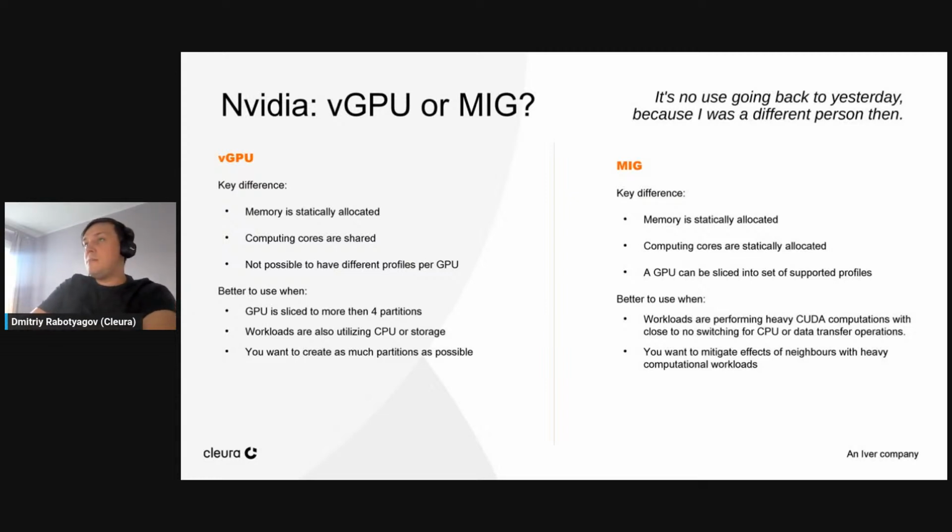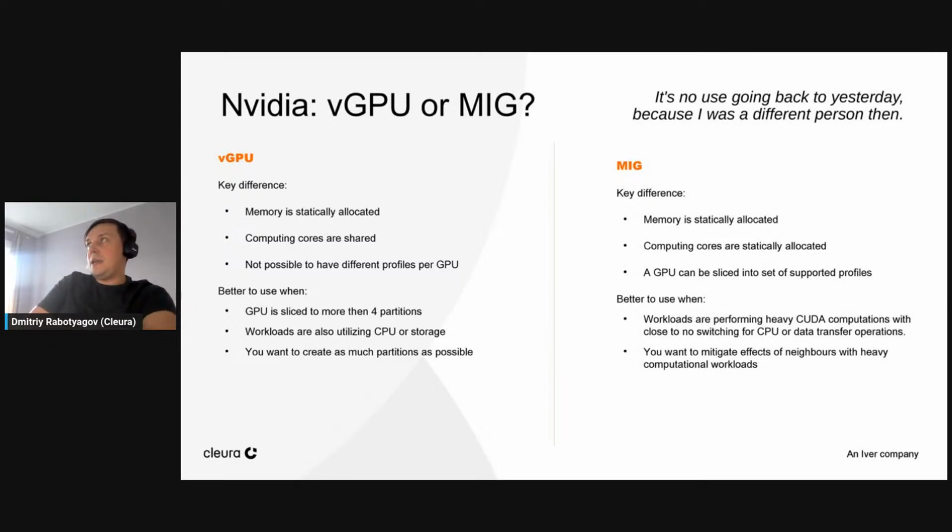Yeah, so as a result, we've picked NVIDIA GPUs and decided to go with AcceleraV, but found ourselves at yet another crossroad. Since the Ampere architecture, NVIDIA has introduced MIG mode in addition to the more conventional vGPUs. You can easily switch between vGPU and MIG modes on supported GPUs.